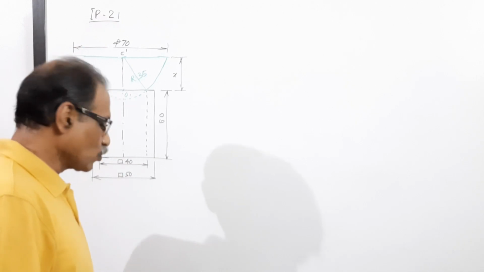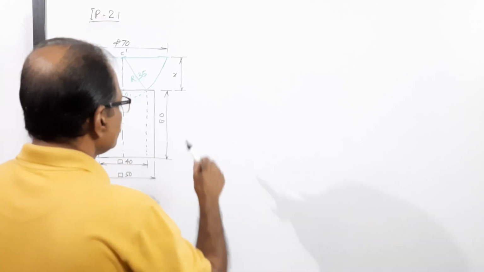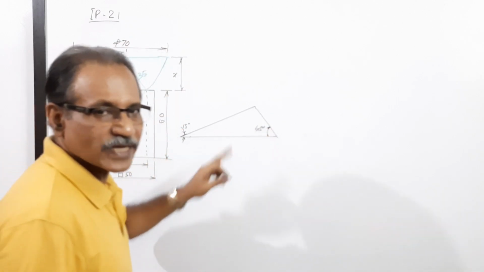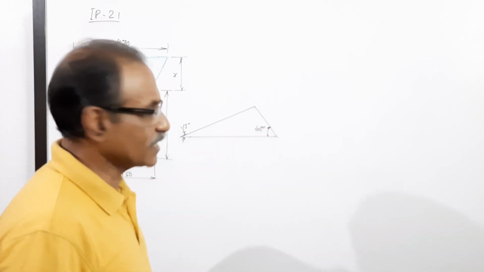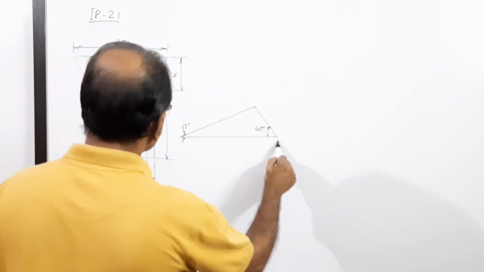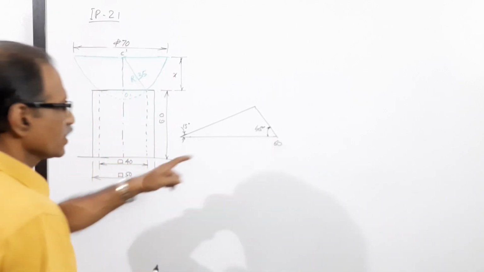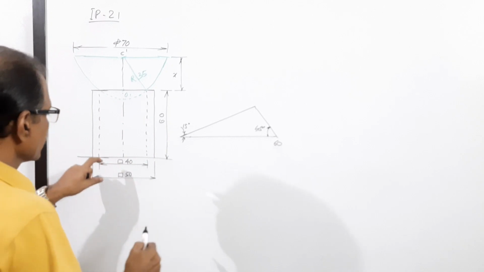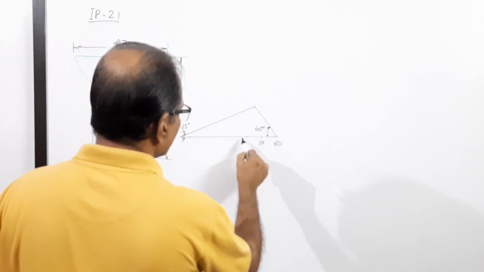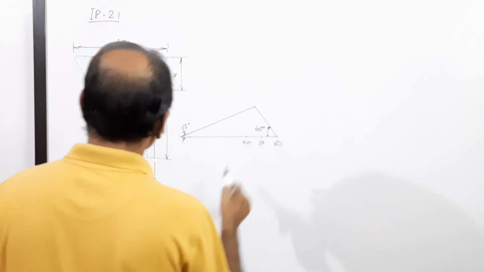Okay. Now, you have to draw an isoscale. On this, this is 60. You have to mark 50. You have to mark 40.